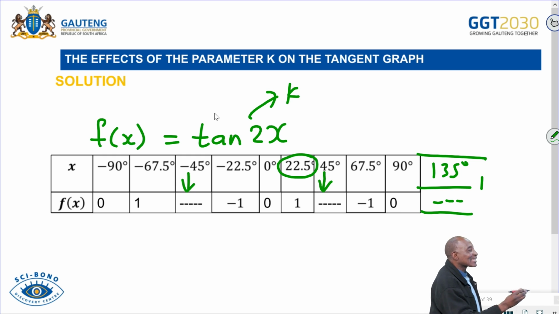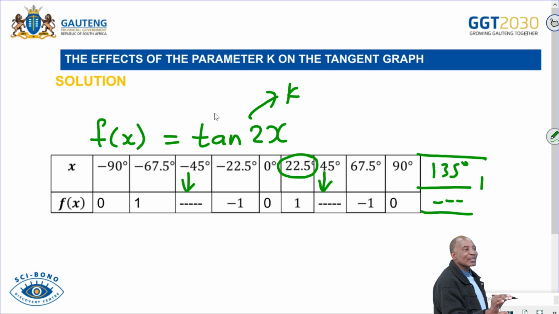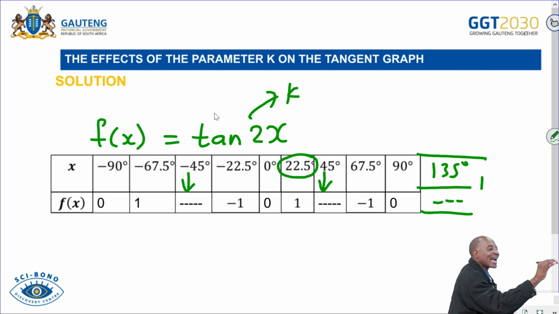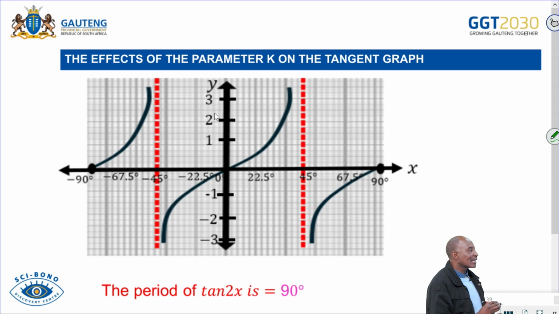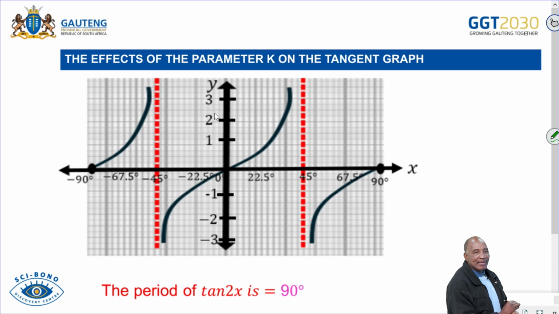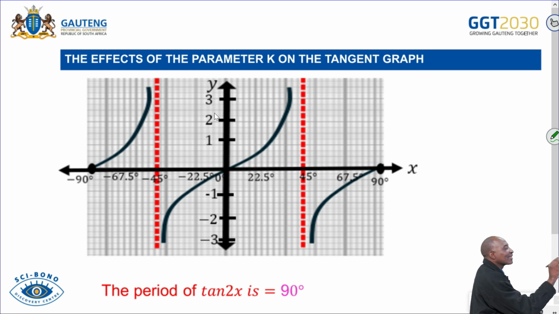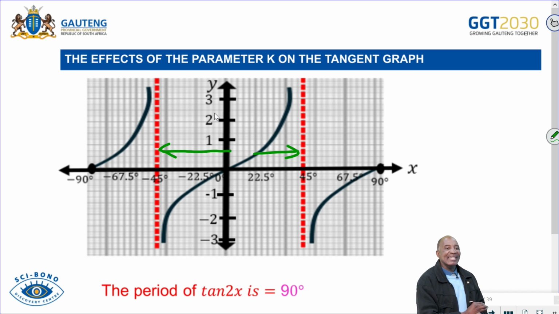What I'm seeing is that my lines of asymptotes have shifted. Initially it was at 90, it's now at 45 because of that parameter k I have introduced. What was my line of asymptote at 90 degrees is now 45 degrees. And I can see these are now having a span of 90 degrees. It's no longer 180 degrees.